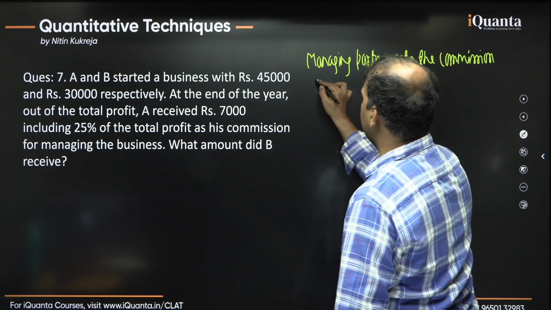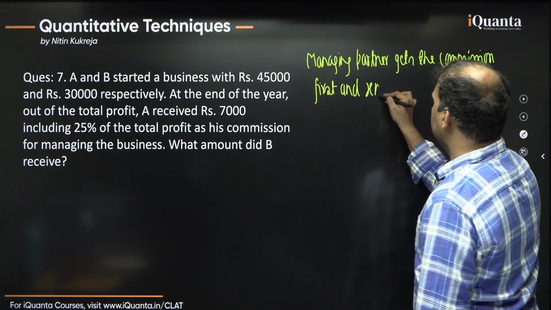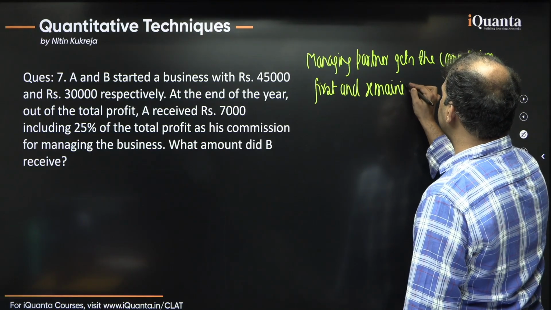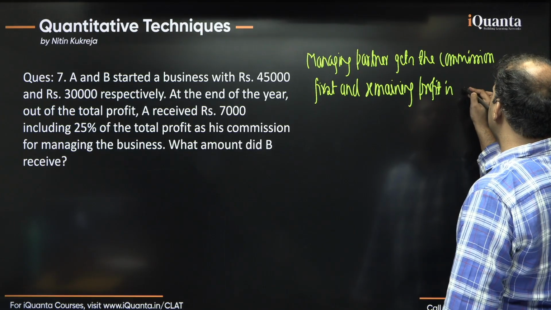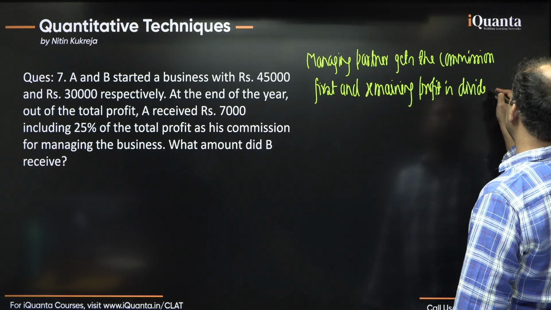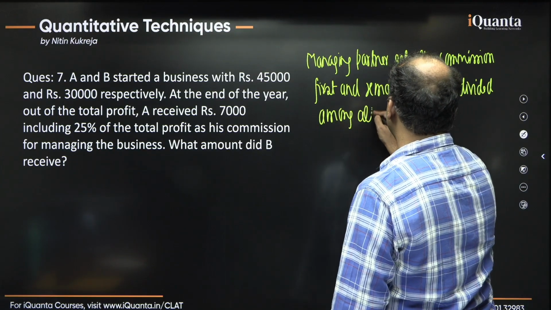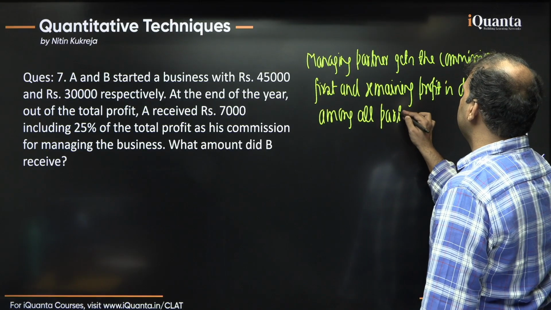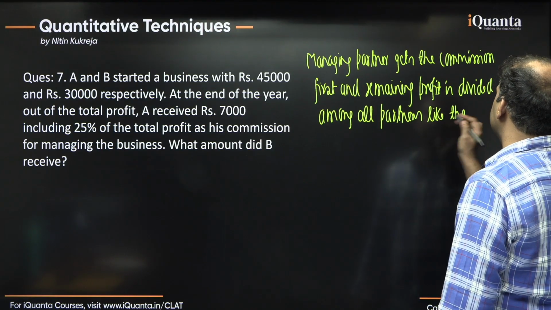And then the remaining profit is divided among all the partners. How? The remaining money is divided among all partners like the actual concept.